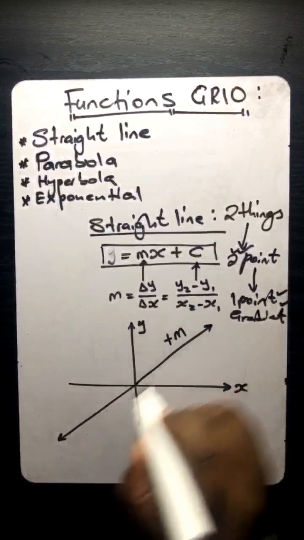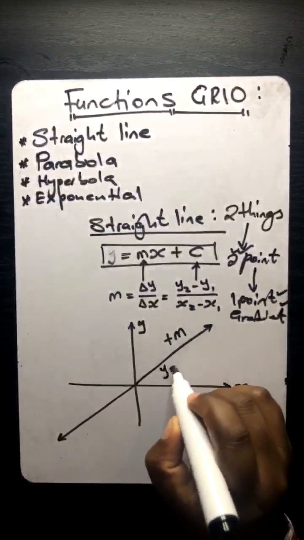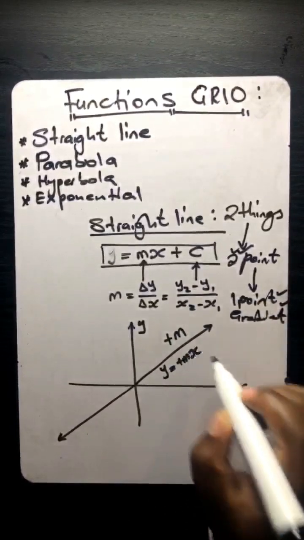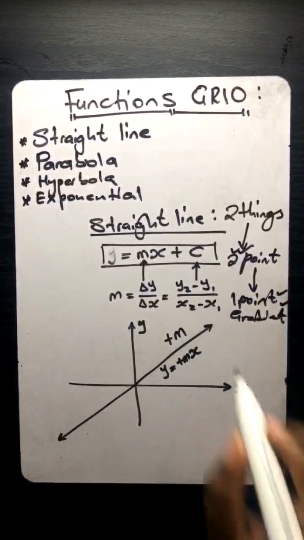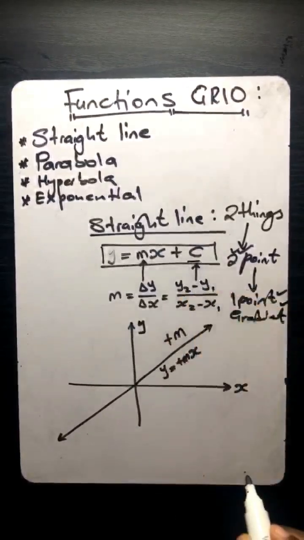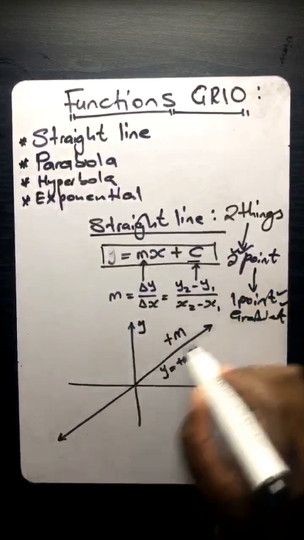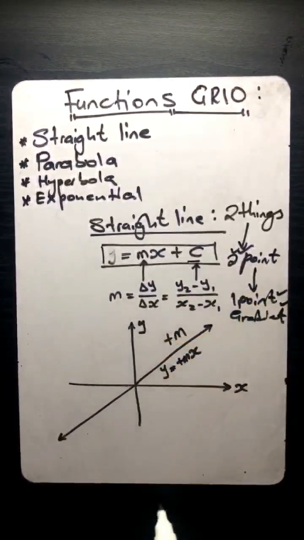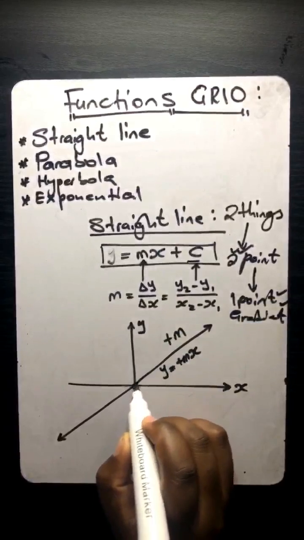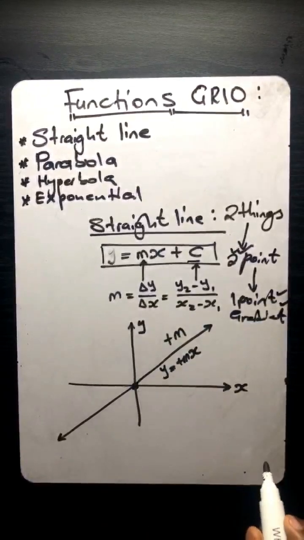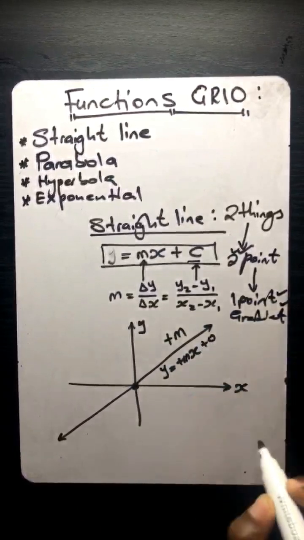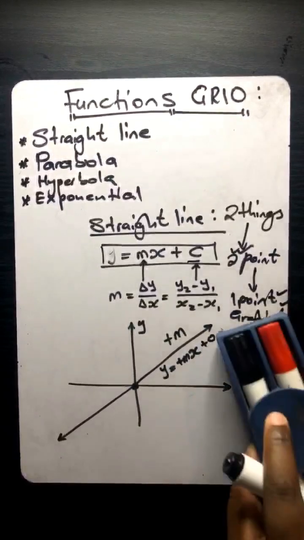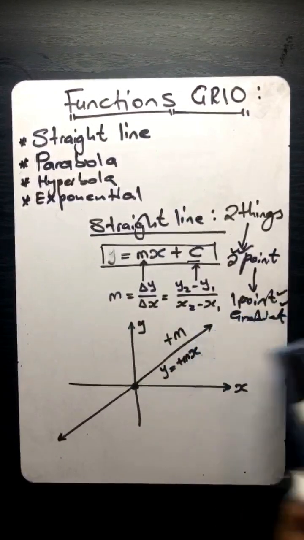So for this line, y equals positive mx. But the c value tells us where your straight line cuts the y-axis. In this case it cuts it at the origin, so we can say plus 0 or otherwise not write it at all.